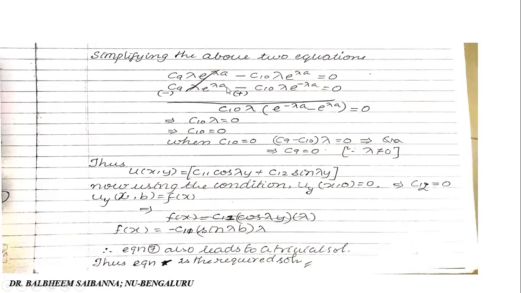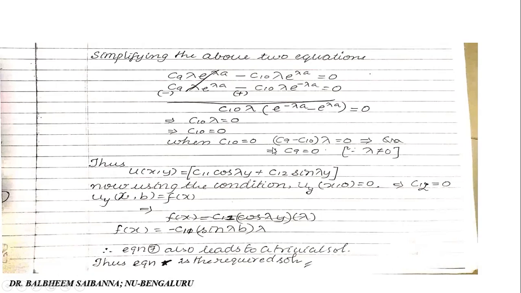So simplifying the above two equations and subtracting, the first term goes to 0. Then here c10 lambda is common: e to the power of minus lambda a minus e to the power of lambda a is not equal to 0. Then c10 lambda is equal to 0, so c10 is equal to 0.